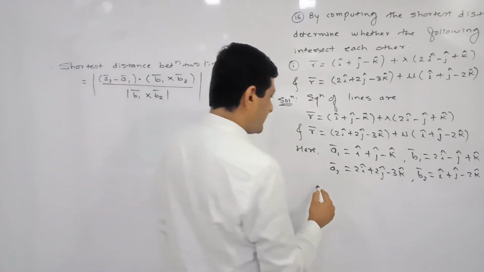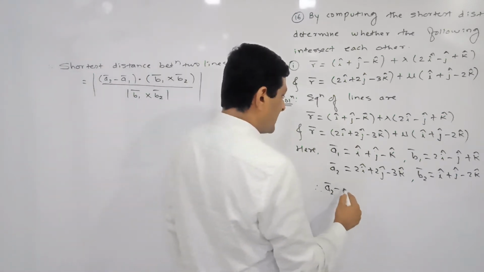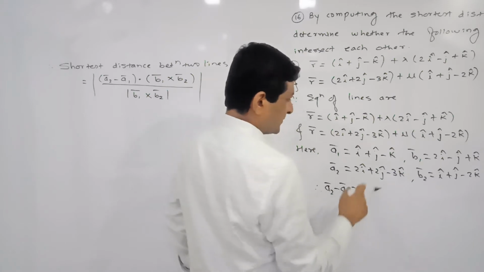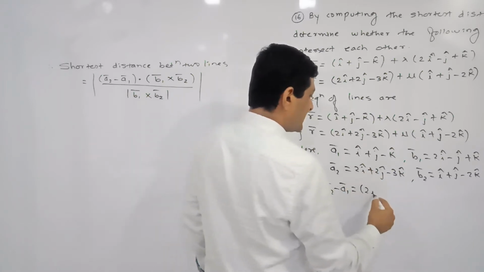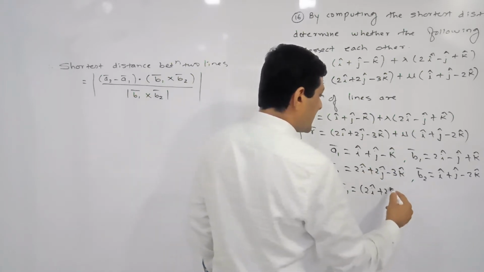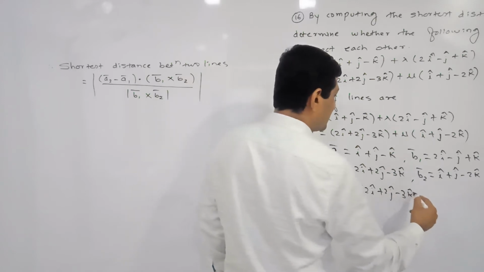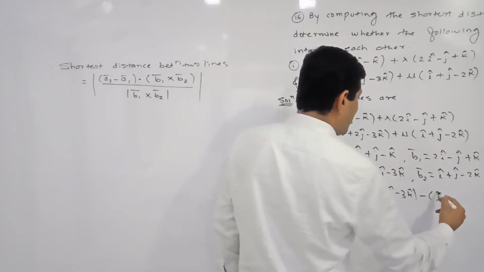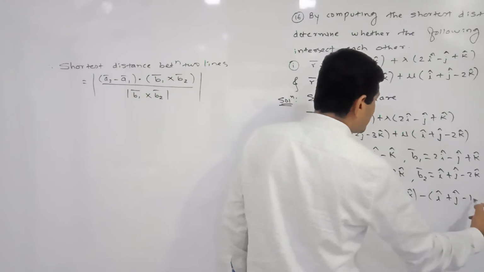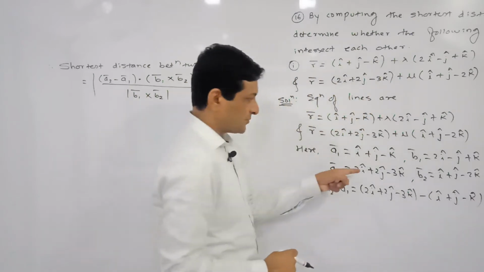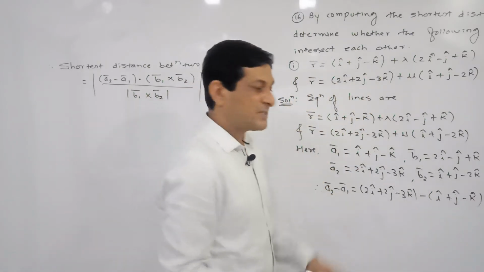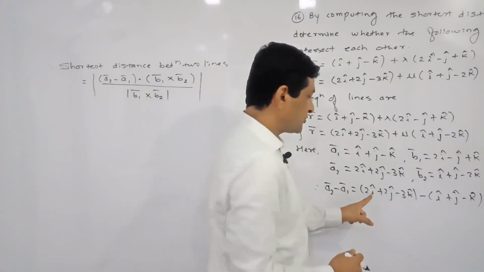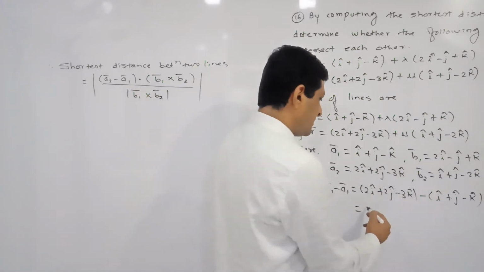So let us try to find out the value of A2 bar minus A1 bar. Substitute the value of A2 bar, that is 2I cap plus 2J cap minus 3K cap, minus I cap plus J cap minus K cap. Just simply we are taking the subtraction of these two vectors. Now first collect the terms of I cap, that is 2I minus I will be equal to I cap.